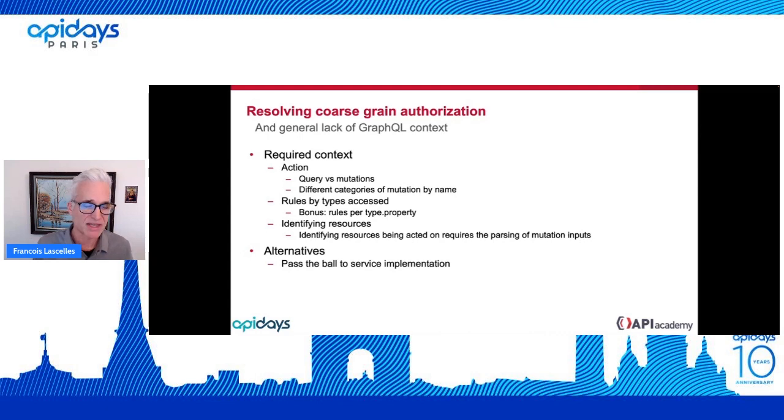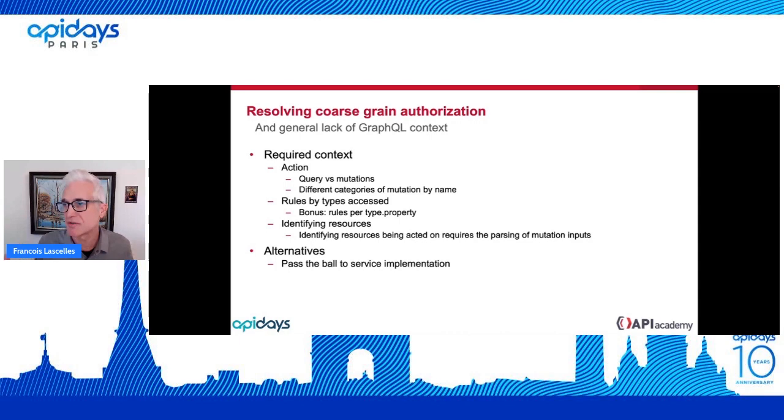So that context is API specific. You need to be able to have rules by the types that are accessed, right? Or as a bonus, going even one granularity deeper and being able to set up rules based on the properties of each type being accessed. You need to identify resources, and identifying the resource being acted on requires the parsing of a mutation input.